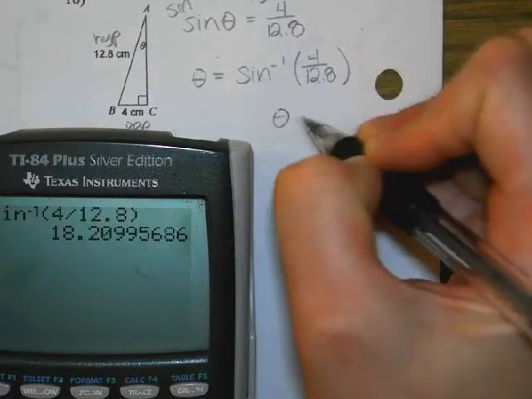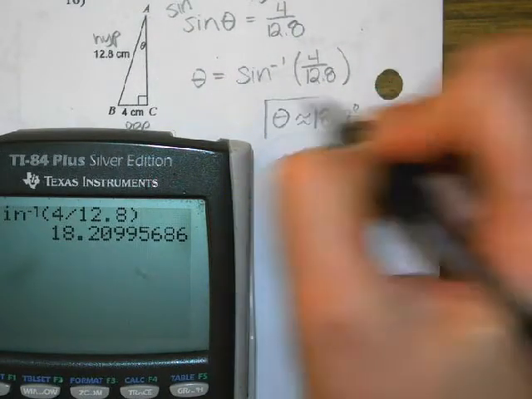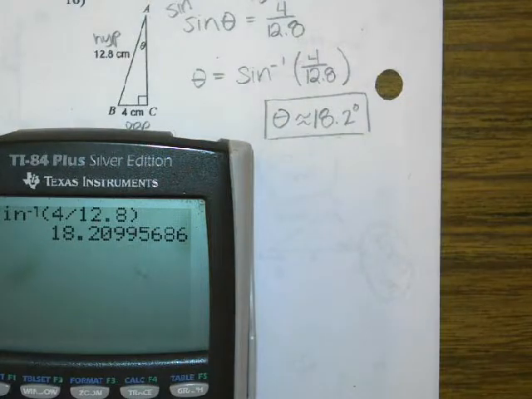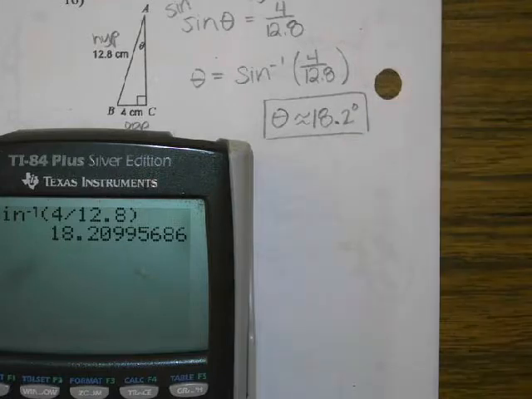The instructions say to round to the nearest tenth, and the nearest tenth is 1 decimal place. So that's why I'm doing it.